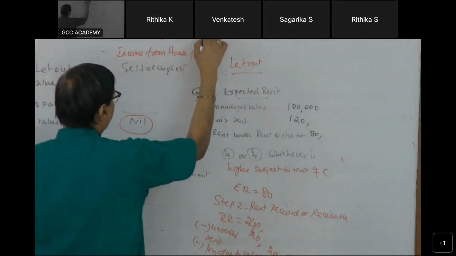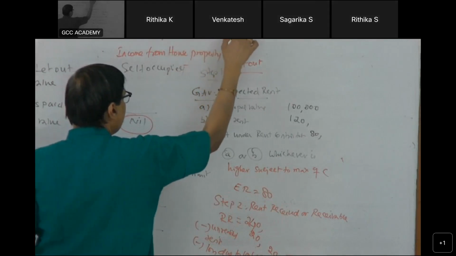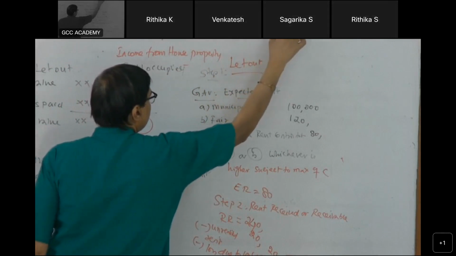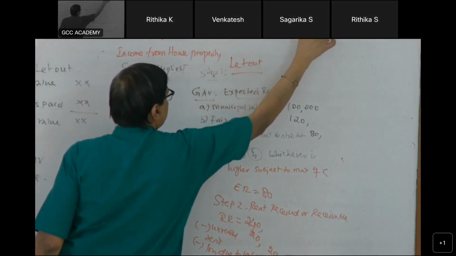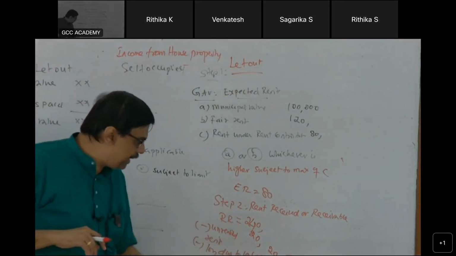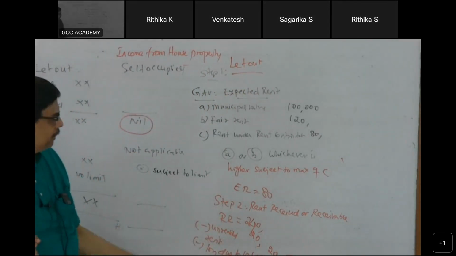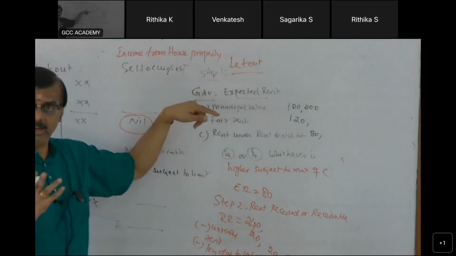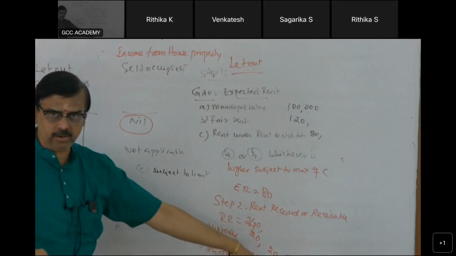If RR is less than ER, then ER minus vacancy is GAV. Vacancy allowance என்னங்க? 20. ER என்ன? If RR is lesser than ER, in the case RR என்ன சொன்னேன்? 200.